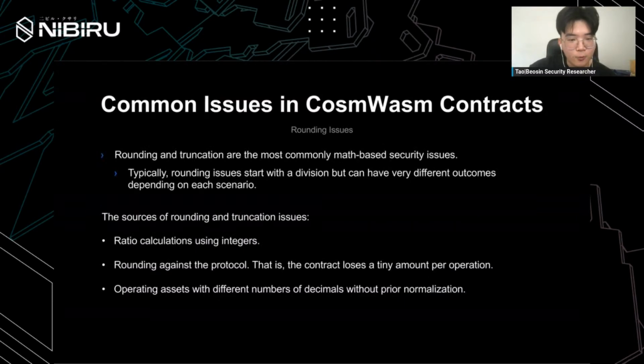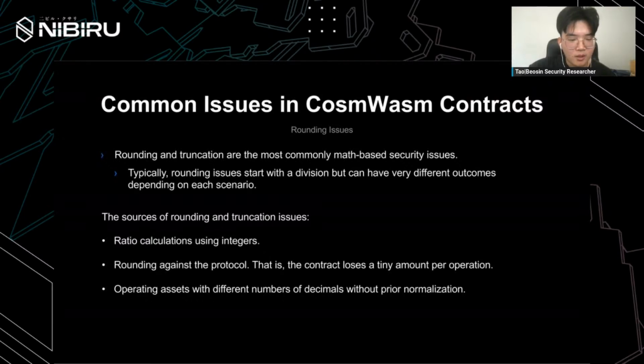And for rounding issues, rounding and truncation are the most common math-based security issues in Solidity smart contracts. Rounding issues always start with a division, but they can have different outcomes depending on the business logic and the scenarios.